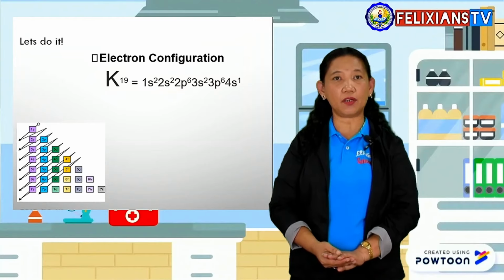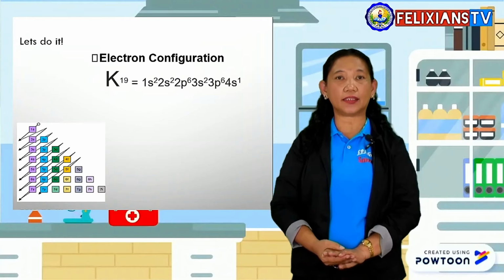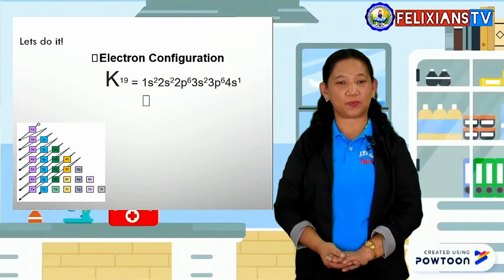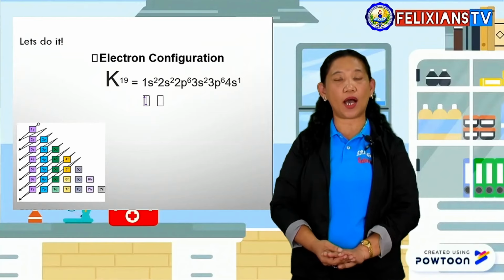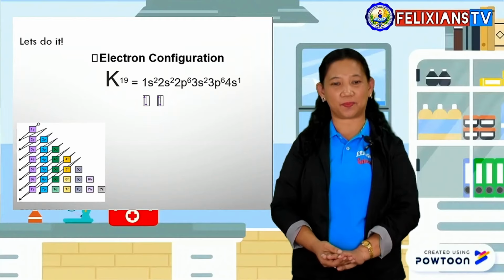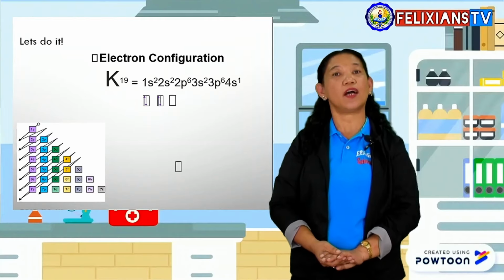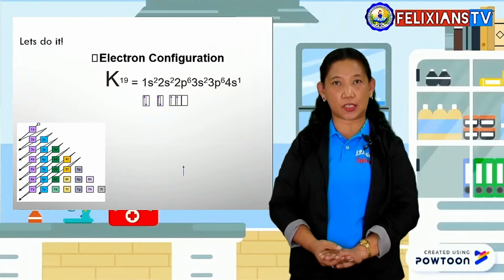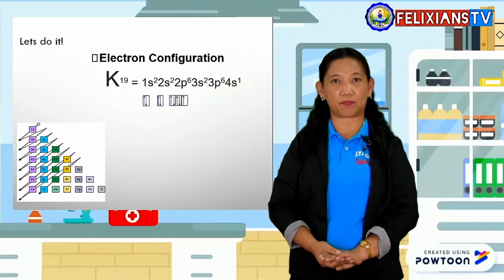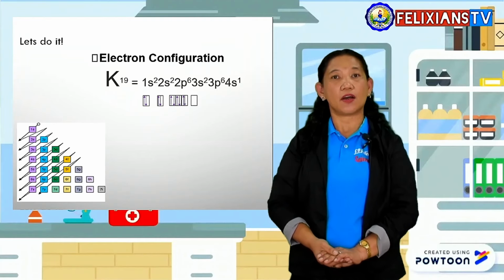And here we have its Aufbau. 1 orbital for 1s with 2 electrons. For 2s, we also have 1 orbital with 2 electrons. Then for the p, we have 3 orbitals with 2 electrons for each, so we have 6.